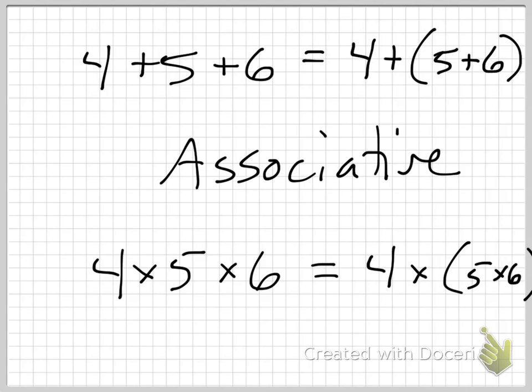If it's all addition, you can do whichever ones you want to do first. If it's all multiplication, you can do whichever ones you want to do first. If it's all addition, it's called the associative property of addition. If it's multiplication, it's called the associative property of multiplication. Make sense? All I've done here is put words to rules that I think you already knew. You know what I'm saying?